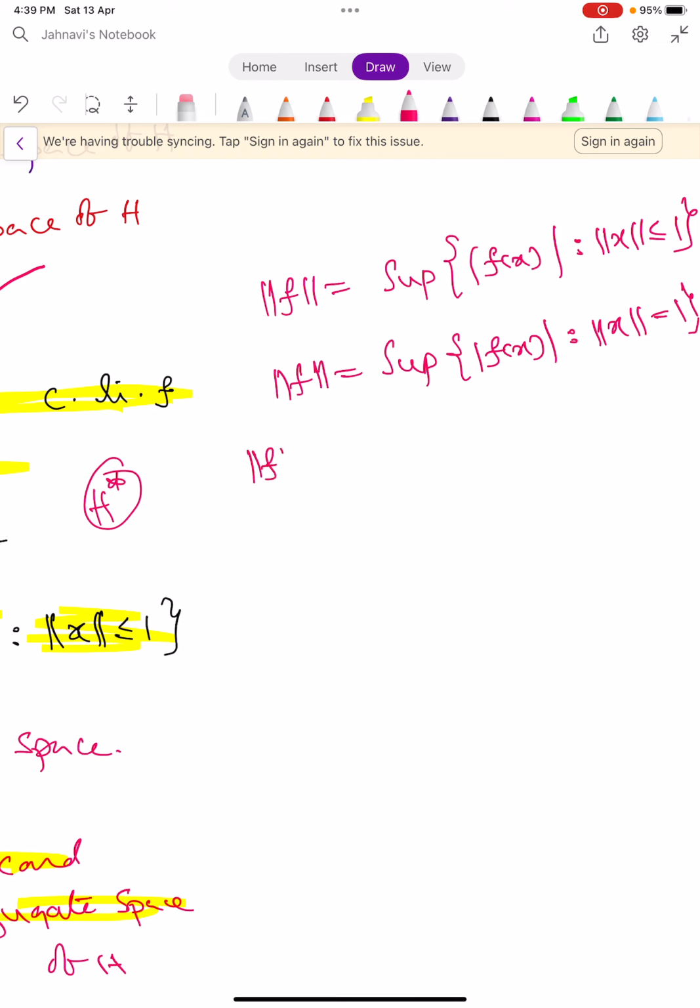And the third one, norm f is equal to supremum of mod f of x divided by norm x such that norm x is not equal to 0. All these three norms are equivalent to one another. Now we have learned the conjugate space and the norm of the functional.